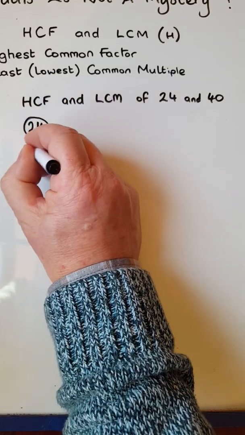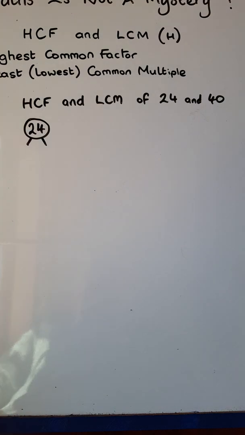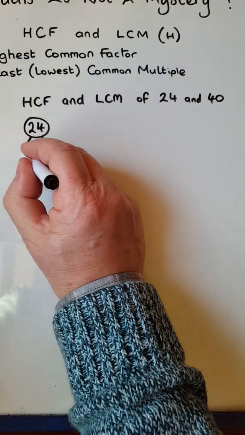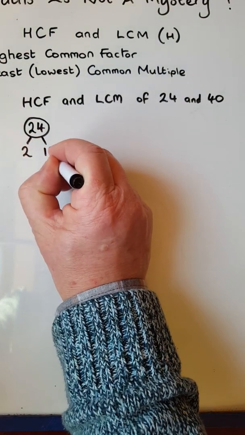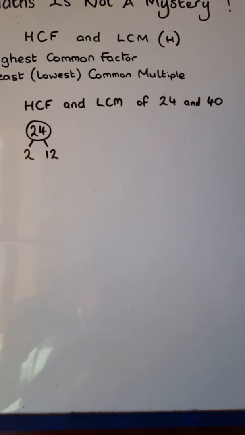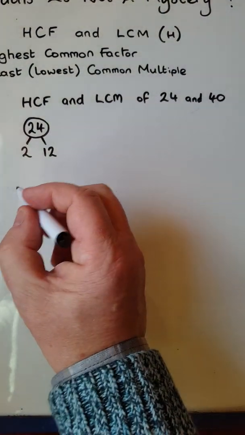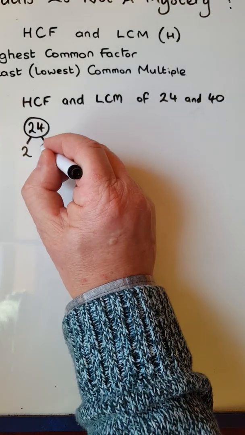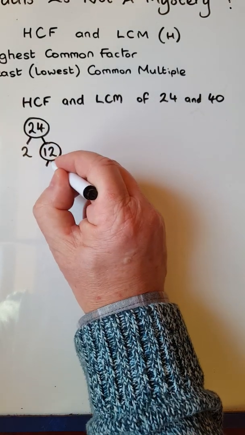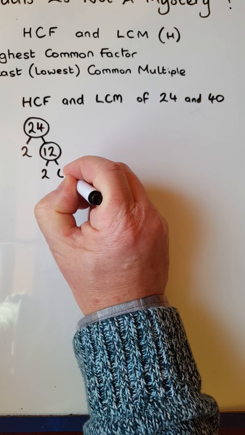24: you write down the number in a little circle, you put a couple of prongs coming out of the circle, and you find two numbers that multiply together to make 24. Typically, it's best to start with something like 2 times 12, if you can. 2 is a prime number. 12 isn't, so let's break that up into 2 times 6.